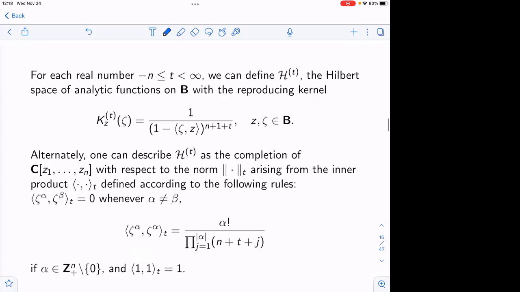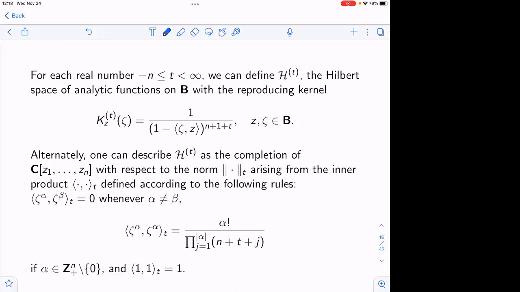You've seen these spaces in Michael's talk yesterday, but the parametrization is a little different. I prefer this version of the parametrization.